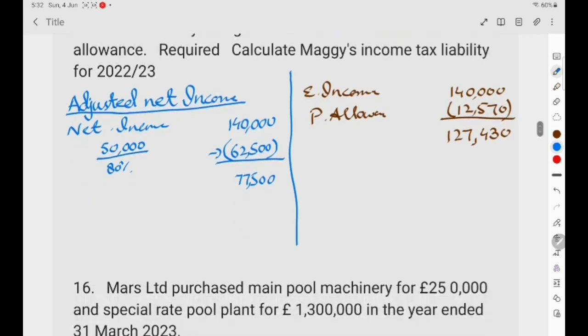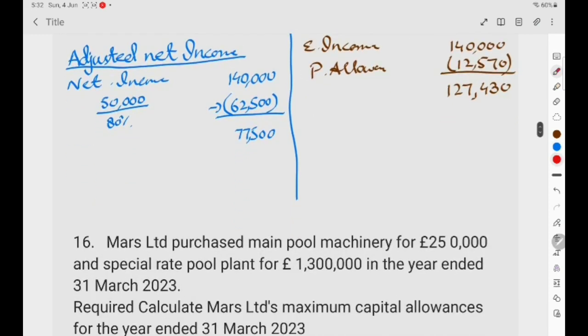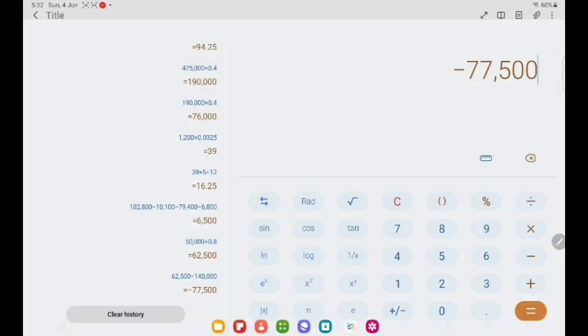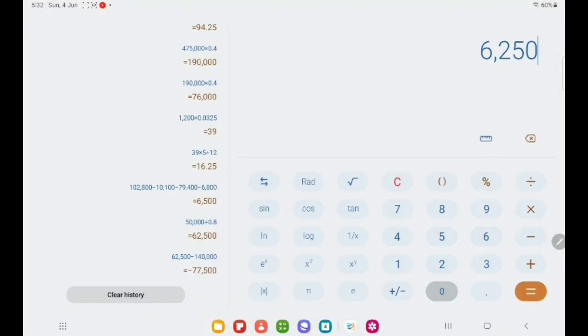Now next thing is we have to calculate the extended basic rate band. Our basic rate band is 37,700 plus the gross contribution of 62,500. Make this rate band as 62,500 plus 37,700.